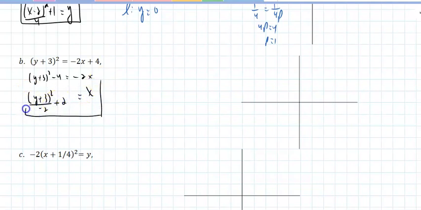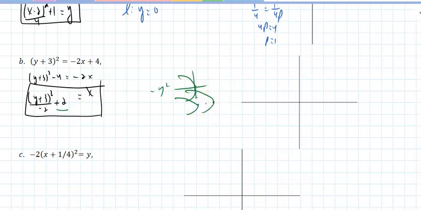Now, we're not used to x equals y, so I'm going to give you an alternative. Again, I have no issue with saying, look, I know negative y squared looks like this. The plus 3 is going to shift it 3 units down. And the 2 will shift it 2 units to the right.